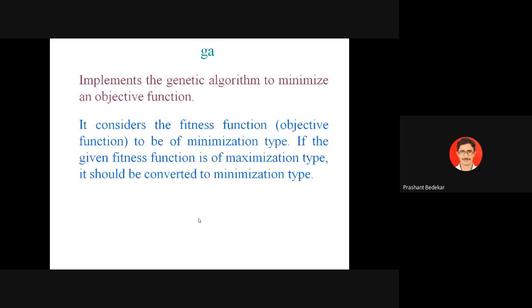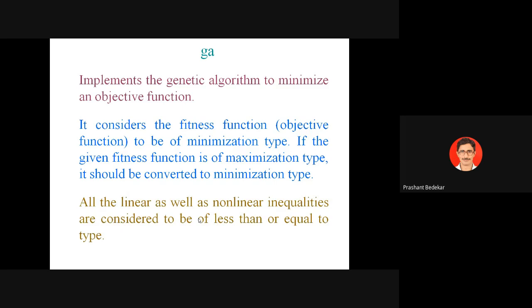In case of genetic algorithm, the objective function is called the fitness function. The meaning is the same. It is the objective function only, but in genetic algorithm, because it uses the concept of natural genetics, it is called the fitness function. So if the fitness function, that is the objective function, is of maximization type, you have to convert it to minimization type, as usual.